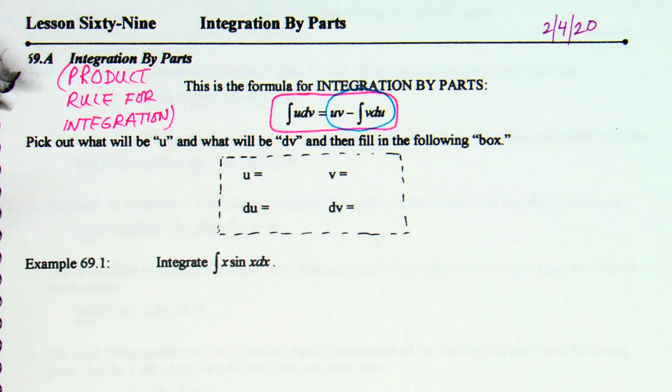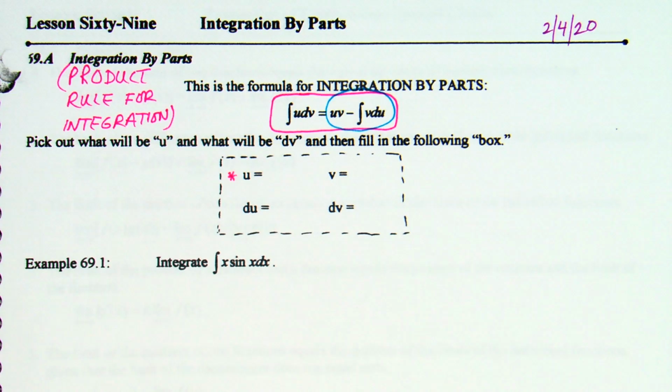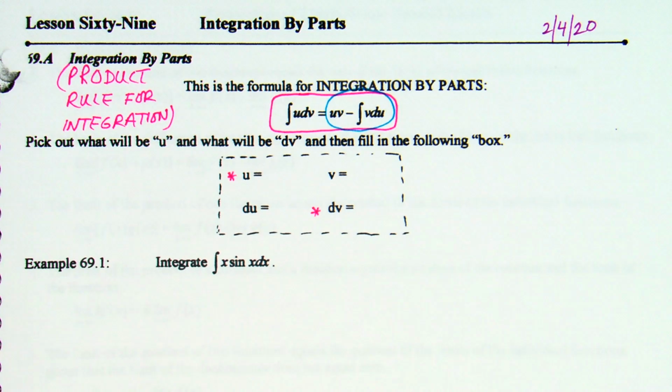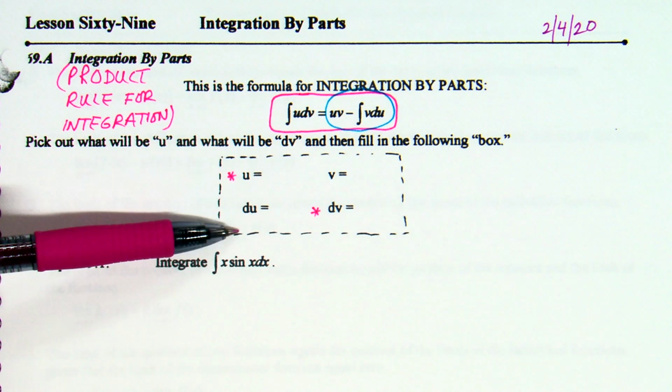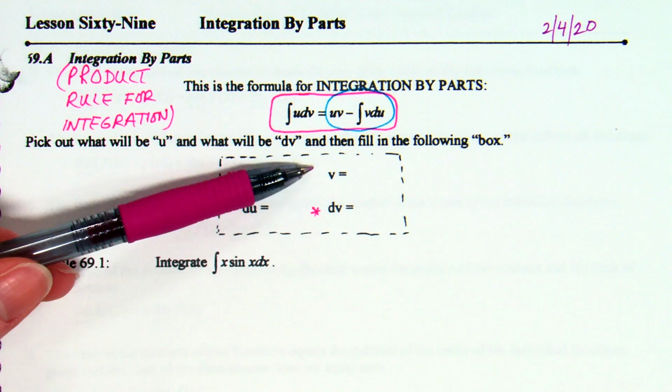Just easiest way to think through it. We will always want to pick out what we want to use as our u and what we want to use as our dv. Okay? Whatever we want to use as our u, you have to be able to nicely and easily take the derivative of. Whatever we want to use as our dv, in order to get up to v, we're going to have to be able to integrate.